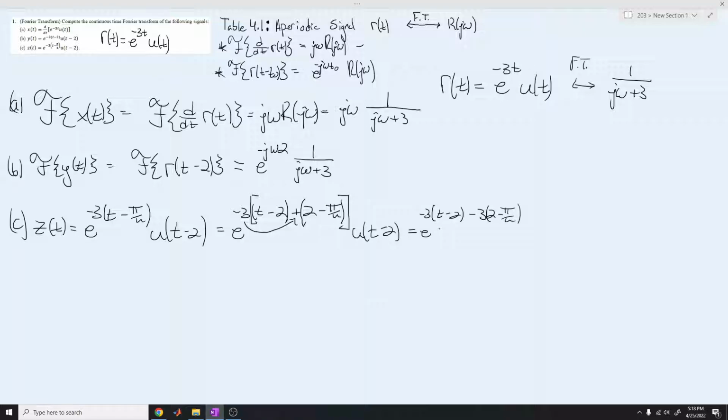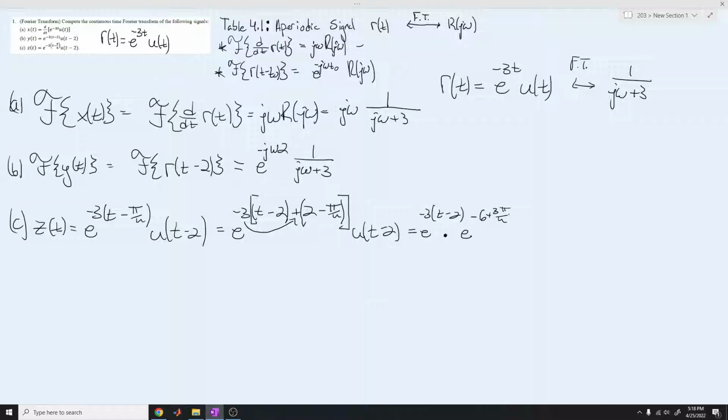Why does that look weird to me? I don't know, but it's correct. Or I could rewrite this as this, which is probably a little simpler. It'd be e, with a multiplication sign there, to the minus 6 plus 3 pi over 4.